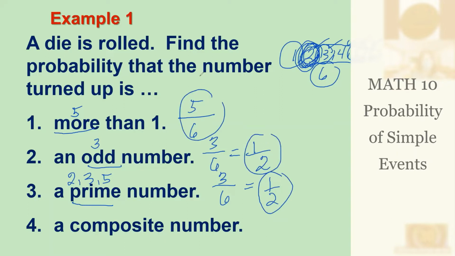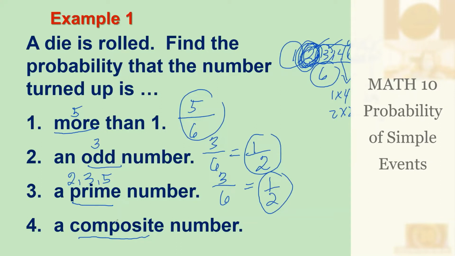Okay, next, number 4, composite number. What are the composite numbers out of 1 to 6? Those numbers that you can think of more than 2 factors. Those are 4, because you have 1 times 4, 2 times 2, so more than 2 factors, right? And 6, because you have 2 and 3, and 1 times 6.